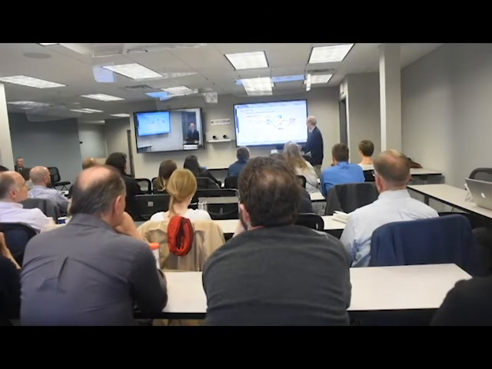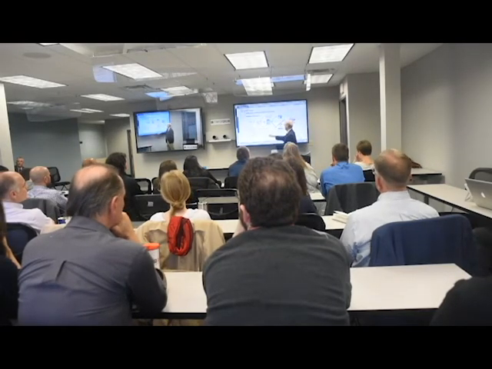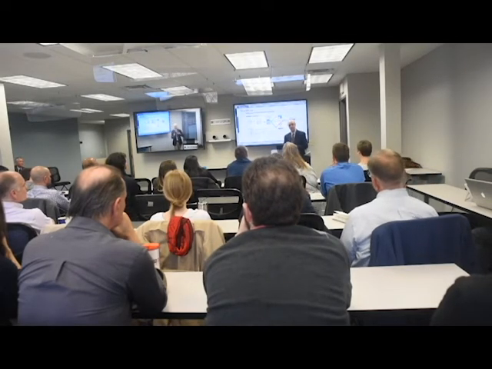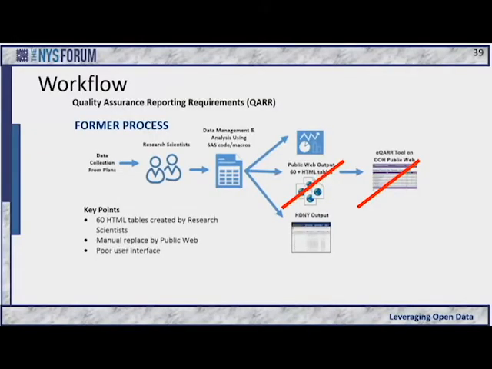What that meant for them is that, you know, all this work here, where you had 60 additional tables being created and manual replacement by the public web team and all the checking back and forth, and what we do say, poor user interfaces. It just wasn't as good of a user interface as it could have been or they would have liked.